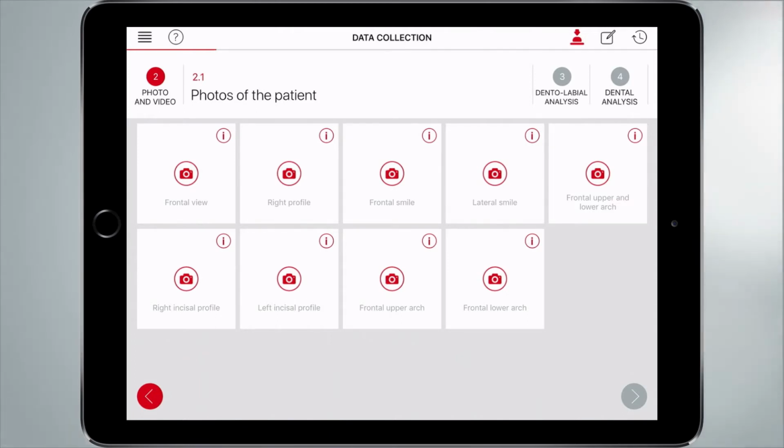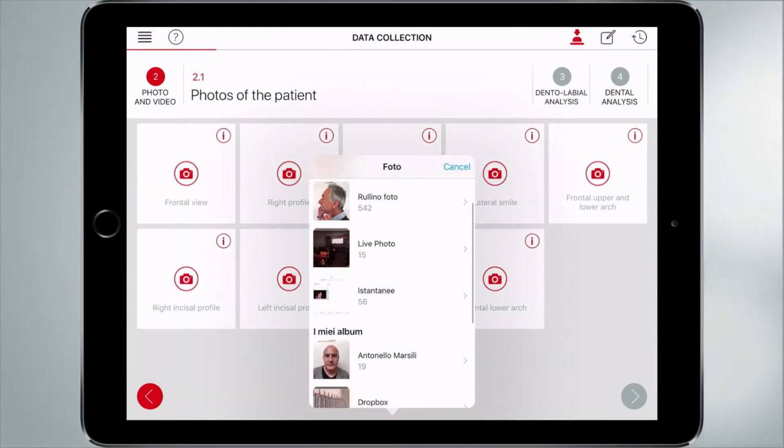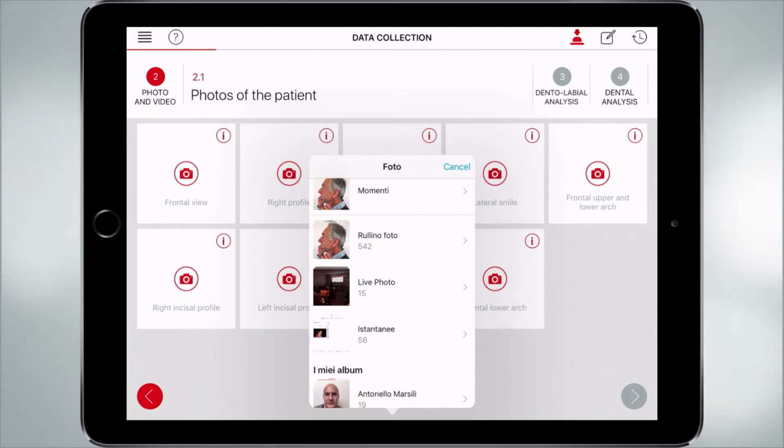So we can have for every picture exactly the right situation. You need to take all these pictures, because if not, the arrows on the right lower side will be gray and not red, so you cannot go ahead. So if you click the camera picture, you can have the gallery, you can see all the gallery of the case that you have done.